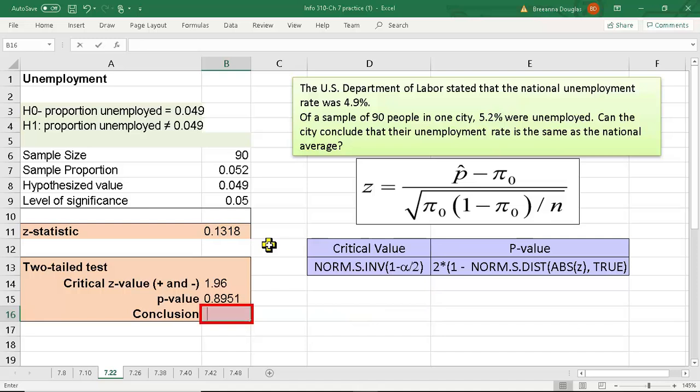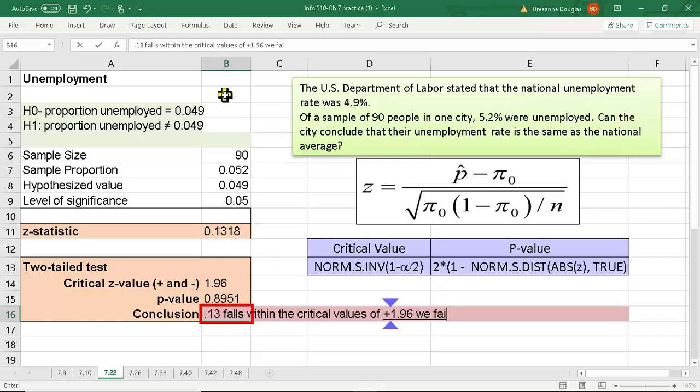Since the z-test statistic of 0.13, I'm just going to round, falls within the critical values of 1.96, we fail to reject the null hypothesis.